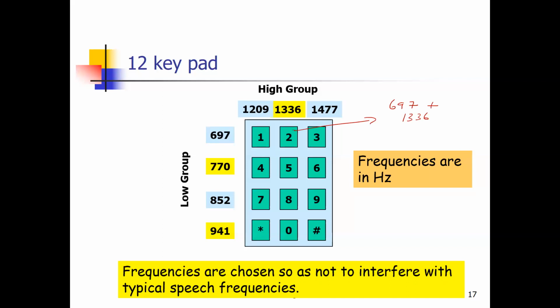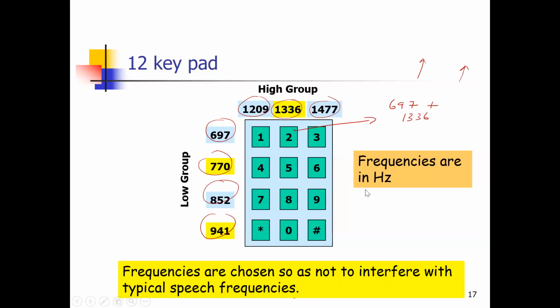At the other end, there are filters tuned for each of these frequencies. Once it filters, it goes into a frequency bank, and depending on which bank produces an output, you know which key was pressed.